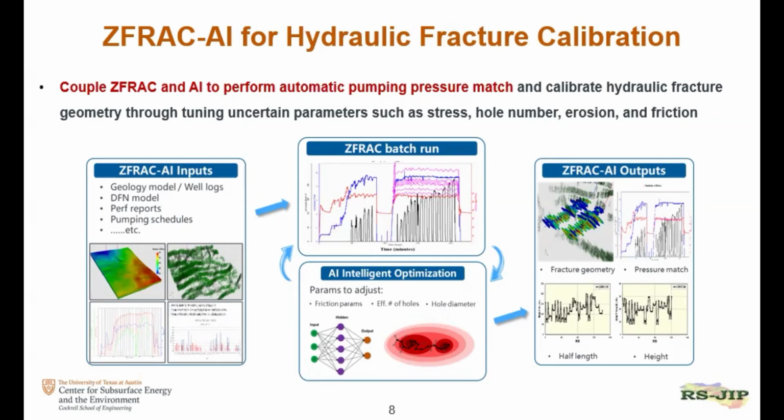A lot of times for the 3D geomechanics data, especially the minimum stress, there's very high uncertainty associated with that data, because when you are building a model, you only have the vertical wells, but you are interpolating between different wells. So the SHmin is actually a big factor that we consider to calibrate as an uncertainty parameter. And there are also other parameters such as the hole number, the effect of erosion, and the friction parameters that we can consider for this workflow.